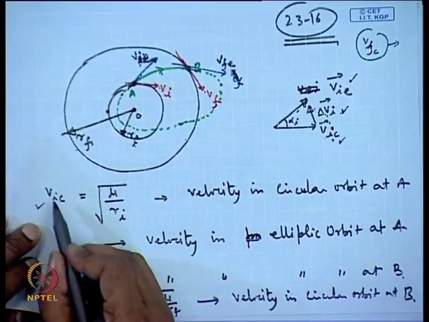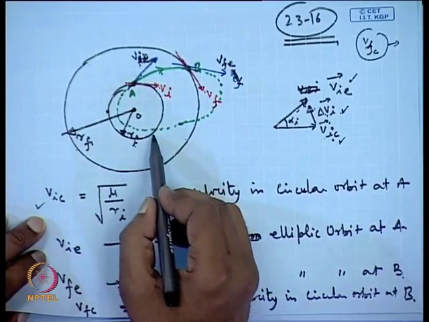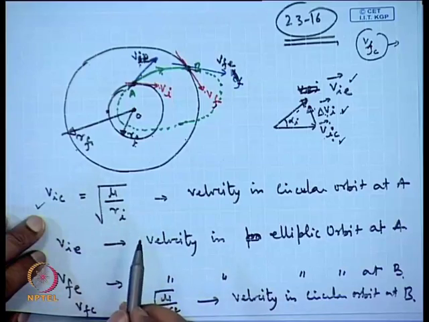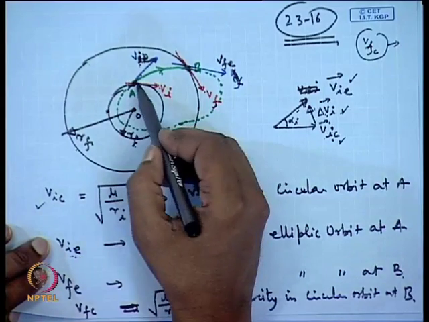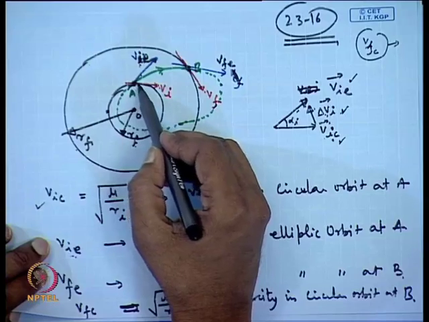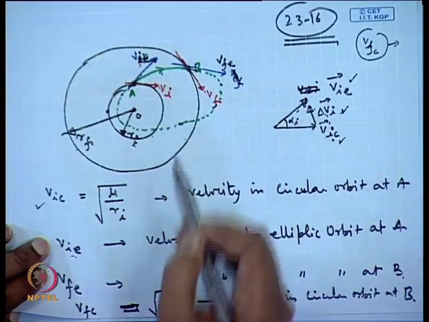So, we have started working with this. We have the velocity in the inner circular orbit, which is given by root of mu by r_i. V_IE is the velocity in the elliptic orbit at point A, and again at point B we will also consider.